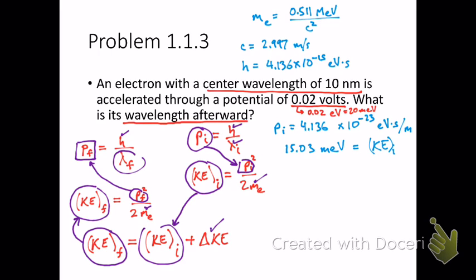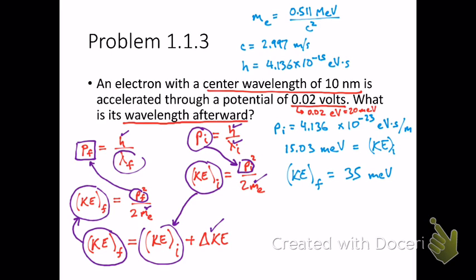So now we know that the final kinetic energy is, let's just say, 35 milli-electron volts.